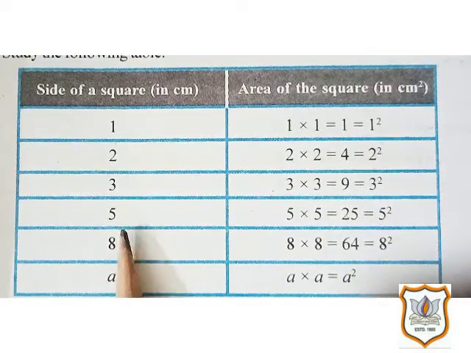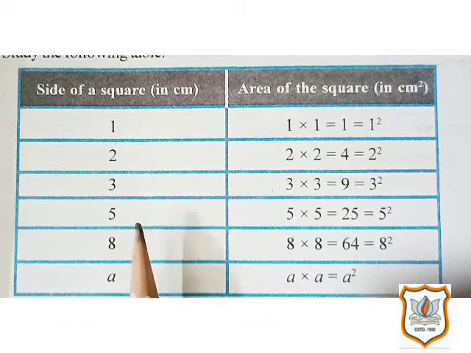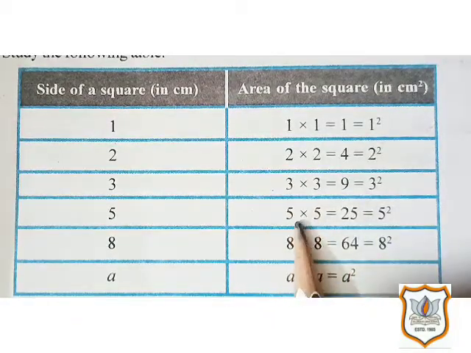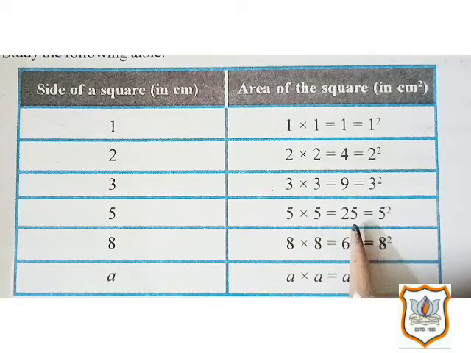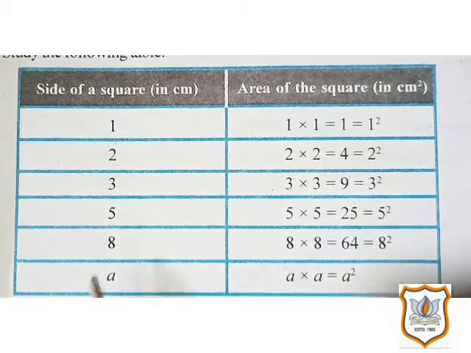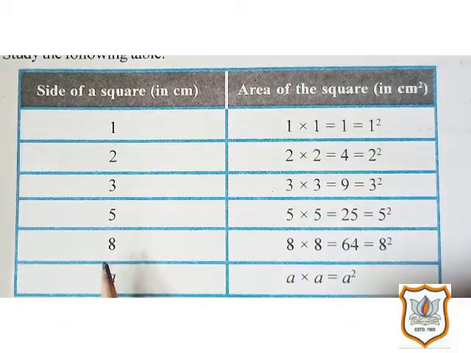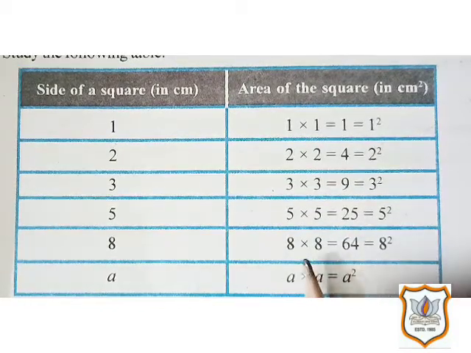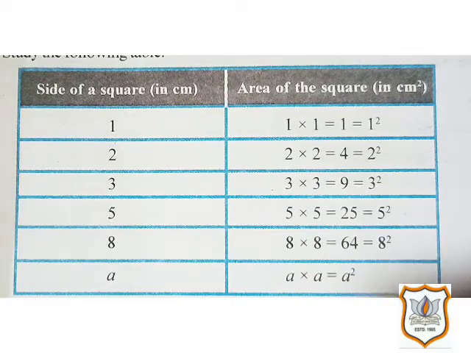Same, if the side of a square is given as 5 centimeters, then the area of the square will be 5 multiplied by 5, which is equal to 25, and students, we can write 25 as 5 square. Same, if a side of the square is given as 8, then we find the area of the square as 64, and we can write 64 as 8 square.